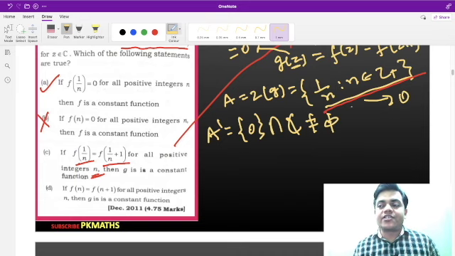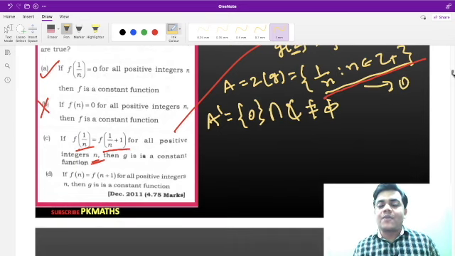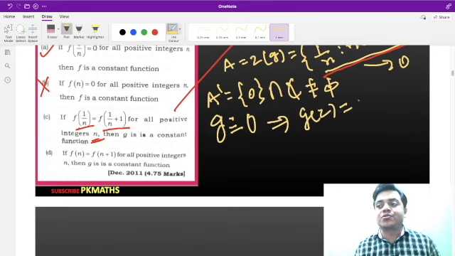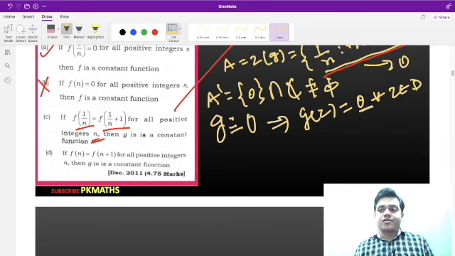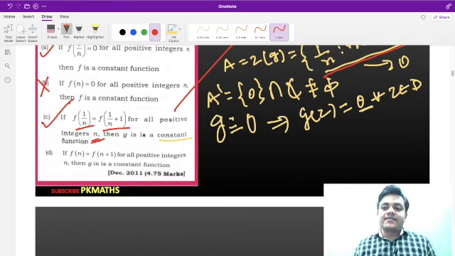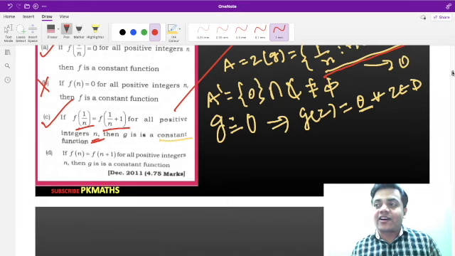So from here, it is quite clear from our identity theorem that G is certainly identically equal to 0. It means G of Z is equal to 0 for all Z belongs to D. And being a 0 function, it is constant for sure. So you will not hesitate to say that C is the right answer.